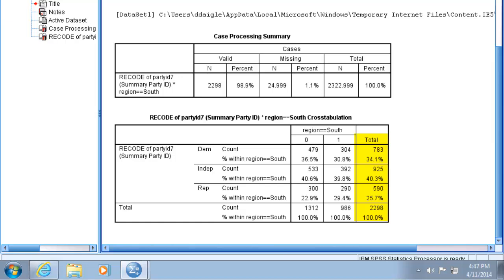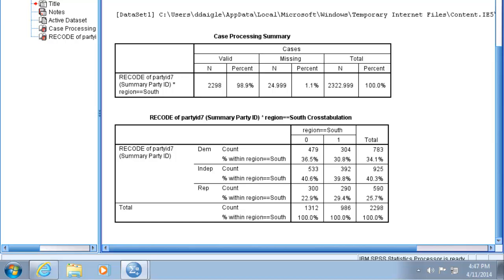Again, this far right column should be interpreted as the distribution of the dependent variable by itself, or it is the percentage of cases in each cell that we would expect if our independent variable does not impact our dependent variable.